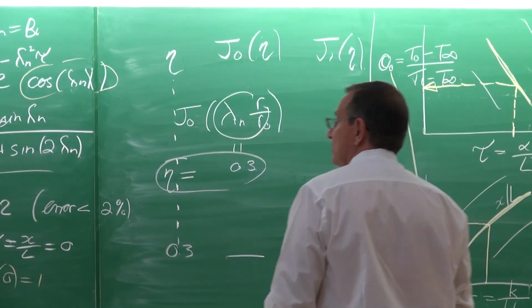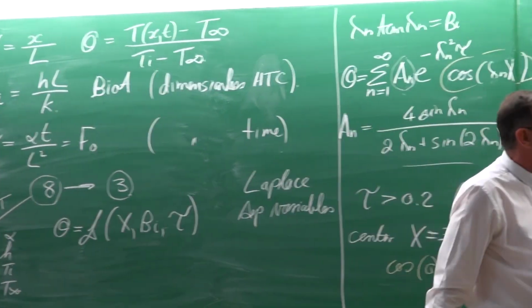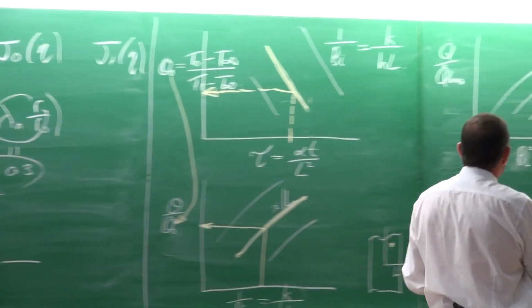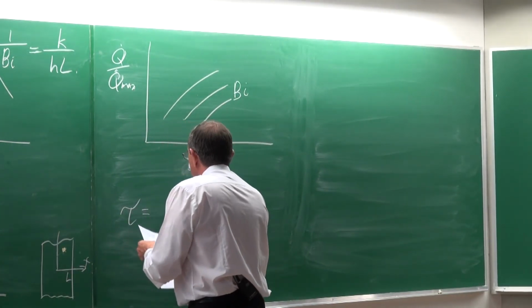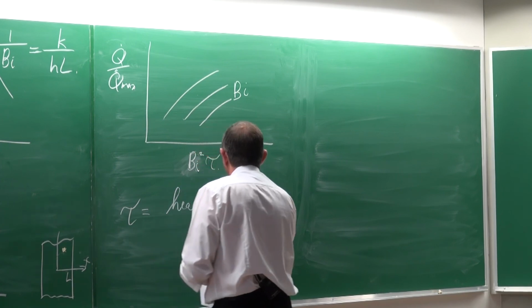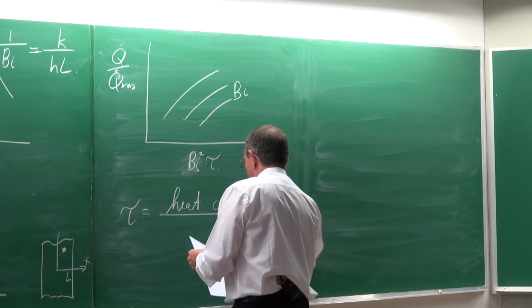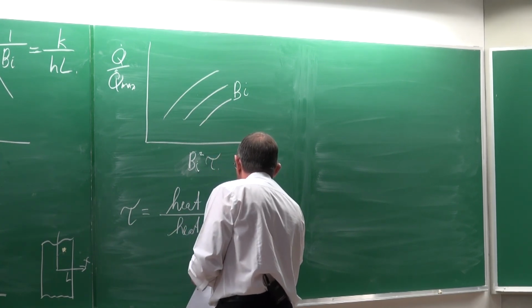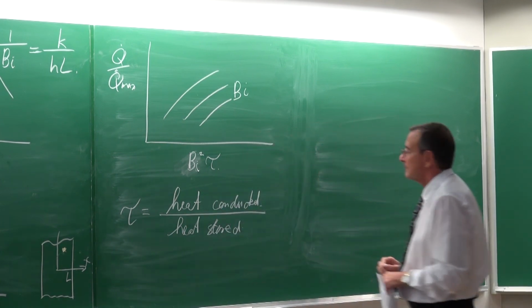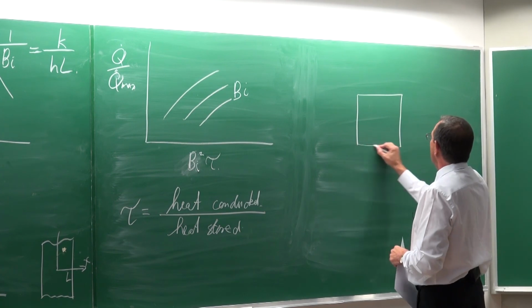The last thing that we need to speak about is the Fourier number tau. What does the Fourier number mean? The Fourier number indicates the heat conducted divided by the heat that has been stored inside the body. So let's suppose we've got a body like this.